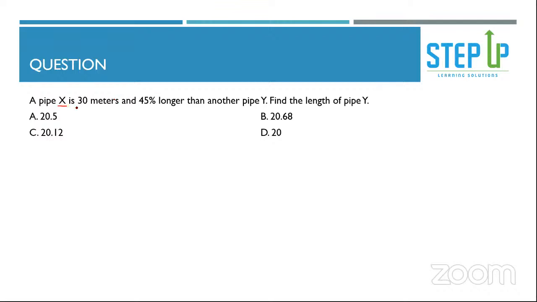So one more way. Pipe X is 30 meters long and 45% longer than another pipe Y. If I assume pipe Y is 100%, then pipe X is 145% of Y. So let's say the length of Y is Y, and the length of pipe X will be 145% of Y. What is X equal to?